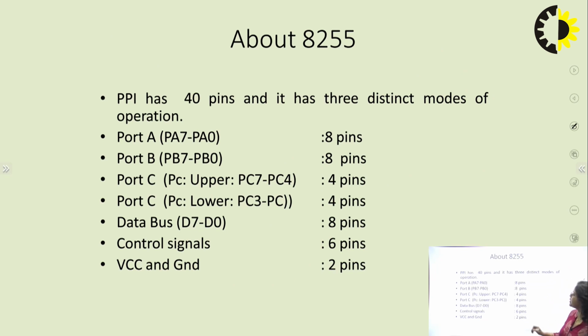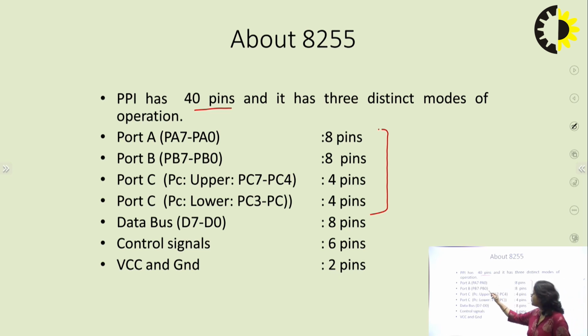First of all, the pin diagram of 8255. The 8255 IC consists of 40 pins, in which 3 ports are used, each consisting of 8 pins, that is port A, B and C. Port A pins are from PA0 to PA7.